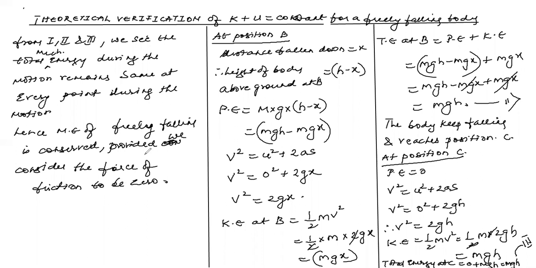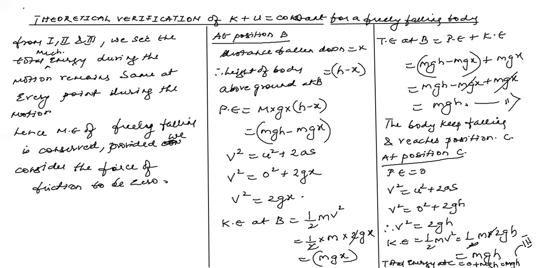At maximum height, the kinetic energy becomes zero, but it has maximum potential energy, and that potential energy is equal to the kinetic energy with which it was thrown. Are you getting me? So the sum total of the energy will always remain the same. This is the law of conservation of mechanical energy.